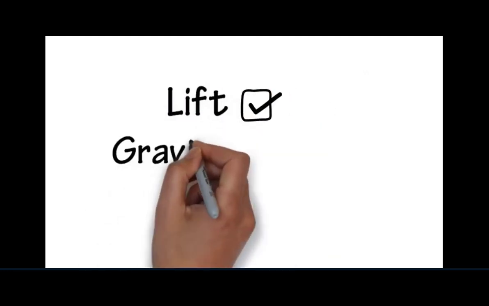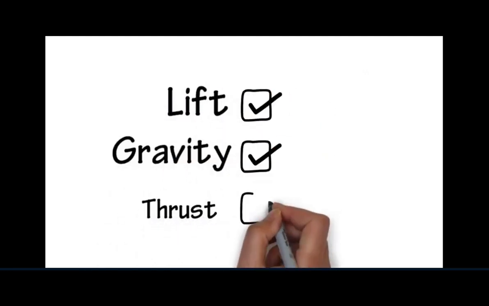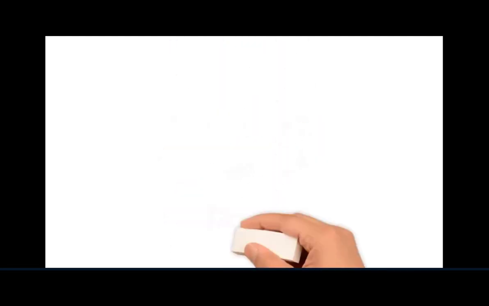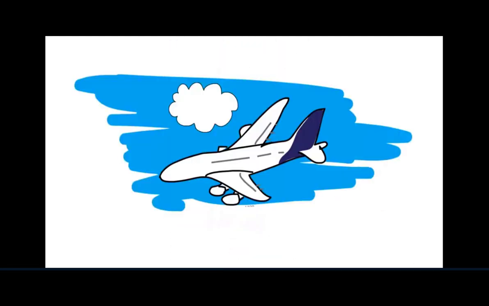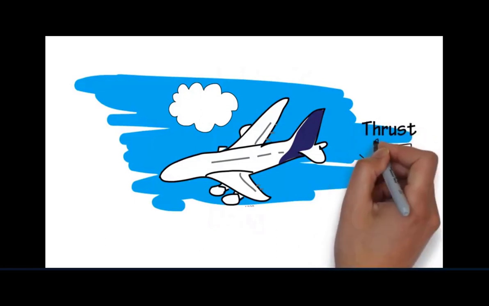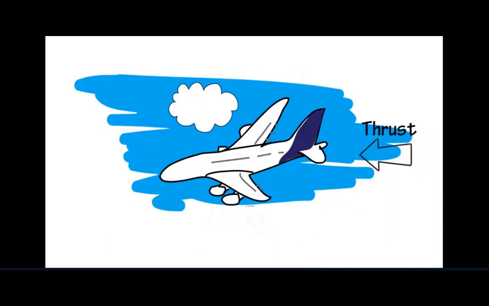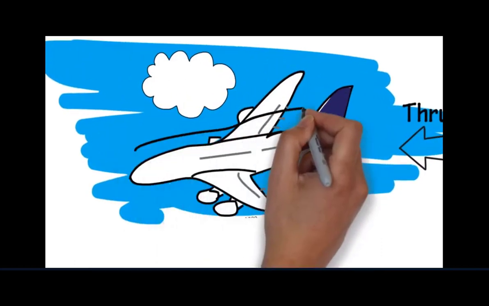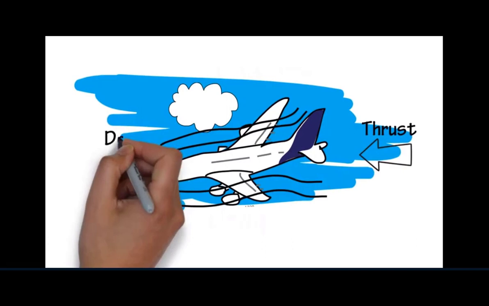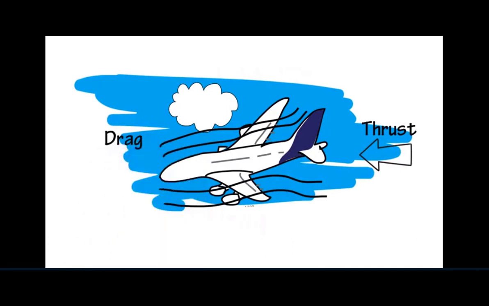So far we have considered 3 of the 4 forces, lift, gravity and thrust. There is one more to consider, and that is drag. Drag can be described as a force that acts against a moving object. So in this case, the plane is being propelled through the air by the force of thrust, but that air is moving against it and creating a drag force.